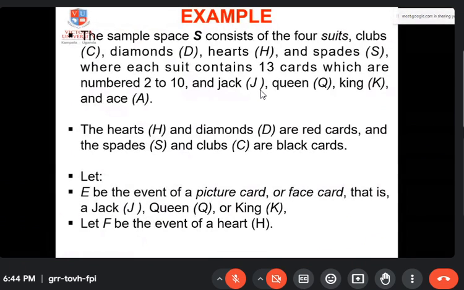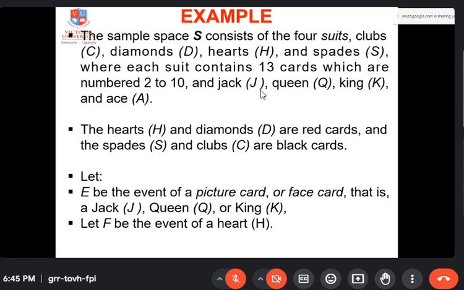Okay, now suppose someone asks you to find the members for event A, where the event A is that it is either a picture card or a face card. So what are you going to have in that set?